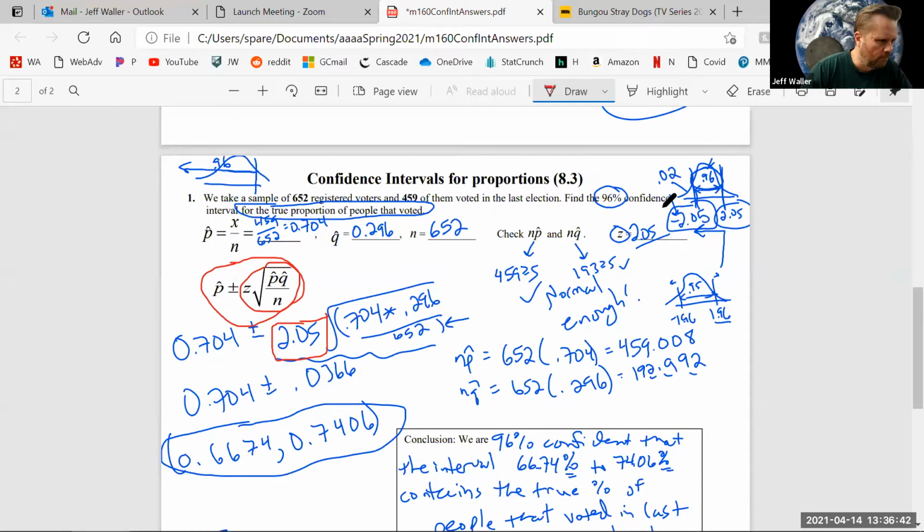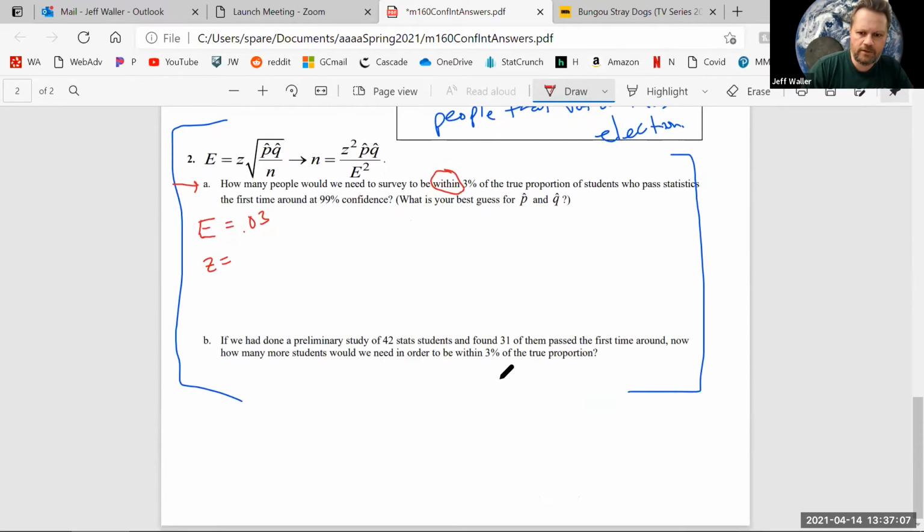Because it was outside of the 0.96 or 96%. So the level of confidence tells me how to find the z-score, because the level of confidence deals with how much stuff I catch. And how do I catch more or less stuff? I go more z or less z out from the mean. I really want this to make sense. That's why they're directly connected. The level of confidence I want to have is directly connected to what the z-score needs to be.